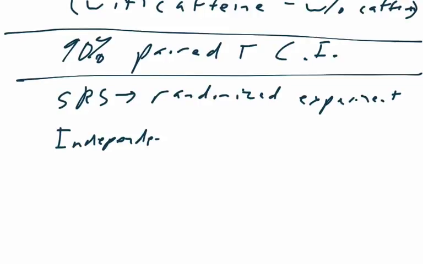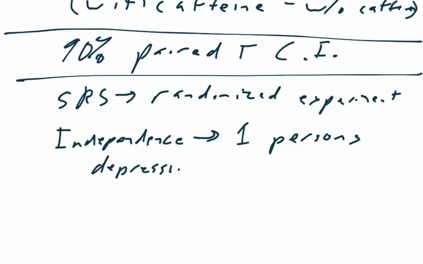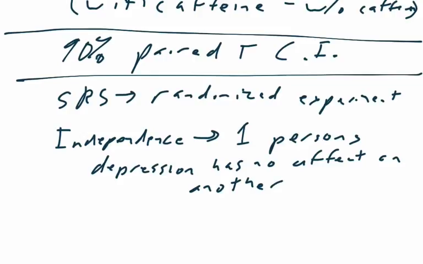Independence: because this is an experiment, instead of doing the 10% rule, one person's depression has no effect on another. So a little bit different for the independence.